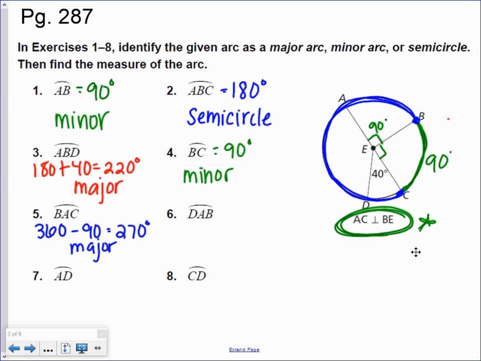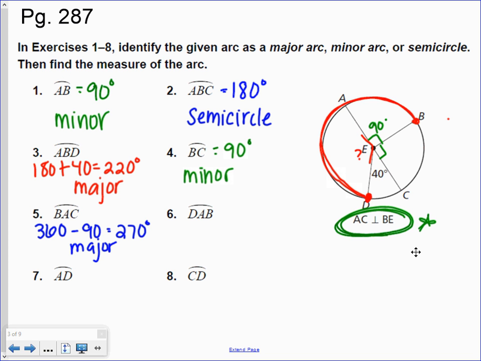And it's very possible that there's more than one way to find these, just so you know. This is just how my brain is working. DAB. Start at D, go through A, all the way around to B. So again, there's a couple of different ways to find this one. Some of you might have chosen to find the arc DA. So like you could take 180 minus 40 to find DA and then add it to that 90 degrees.